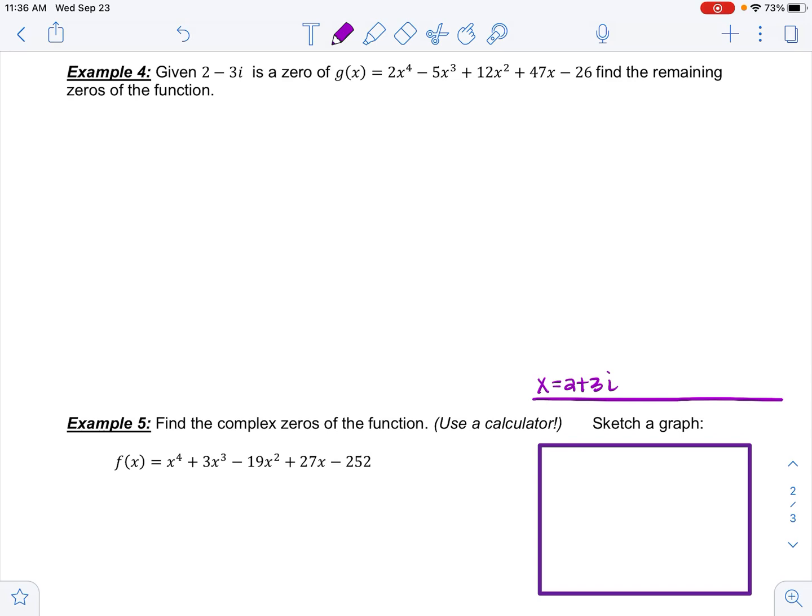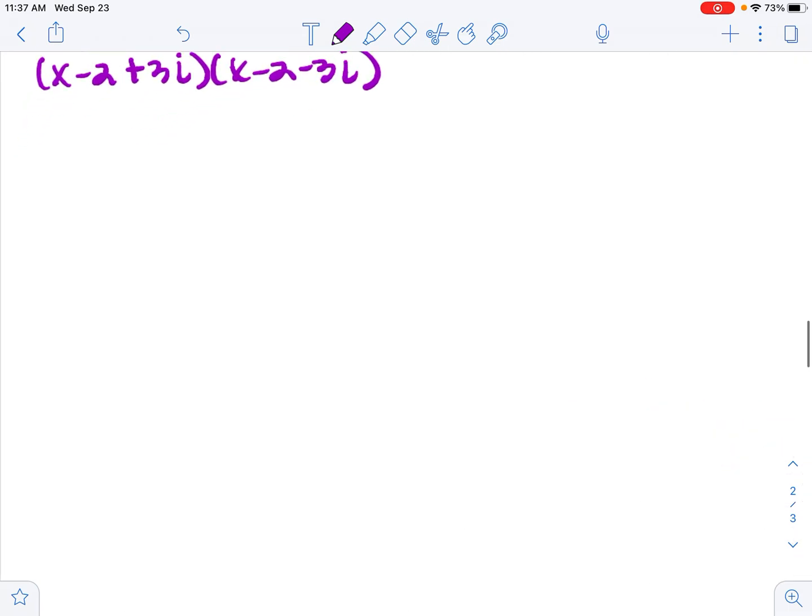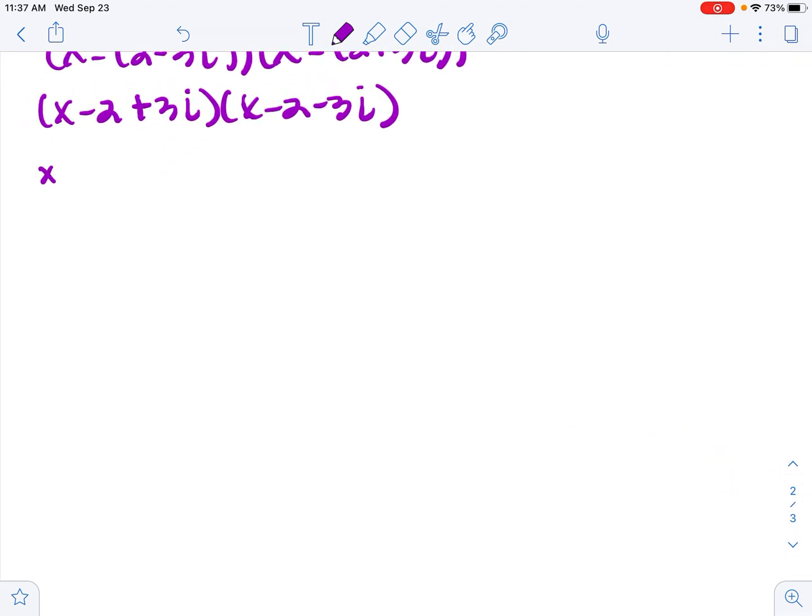x equals 2 plus 3i is a zero. So now I'm going to say x minus 2 minus 3i and x minus 2 plus 3i are factors. Distribute the negative: x minus 2 plus 3i, x minus 2 minus 3i. Multiply that out.